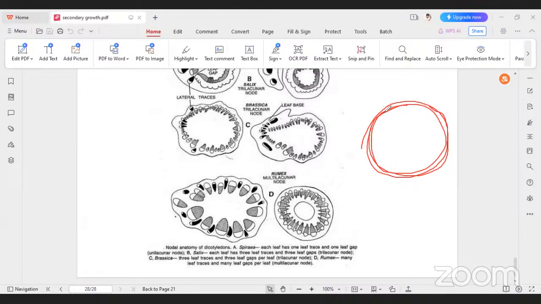Actually somewhere here, secondary phloem. In Bignonia, four sides, four patches will be formed.